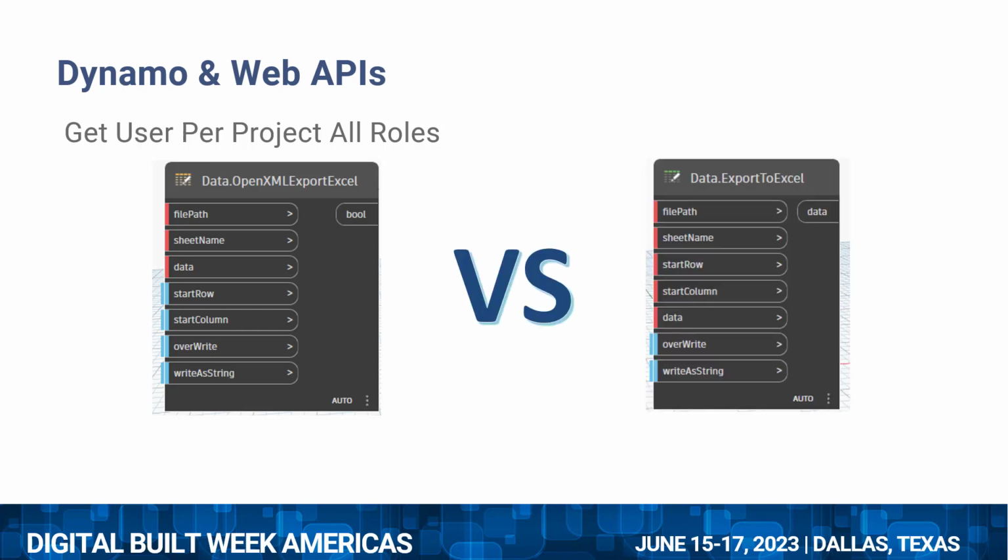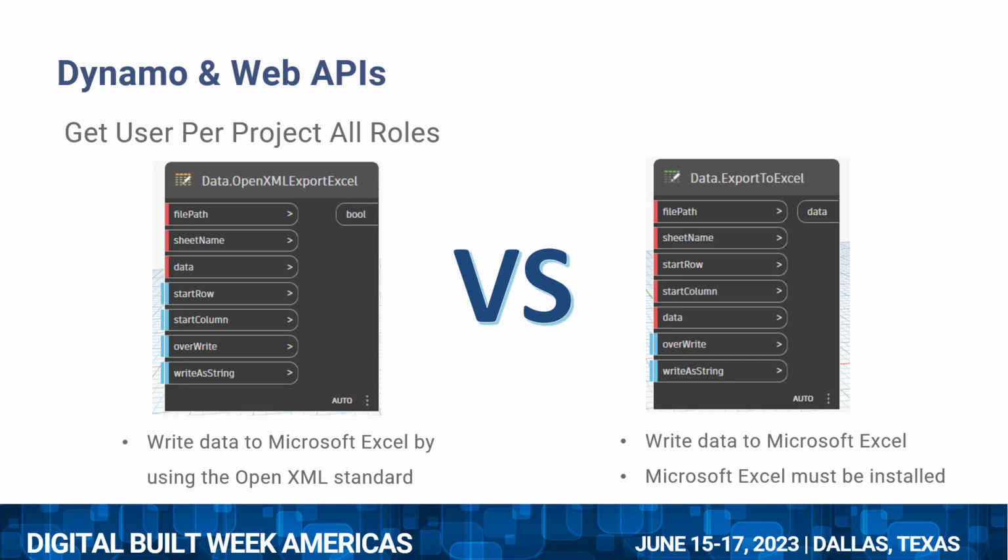And then there's the old school export to Excel from Excel. Both of them work. The difference is that if you're using OpenXML, you do not have to have Excel installed on your machine. If you're using the original version, you must have Excel because it's actually using Excel to do the exporting process.